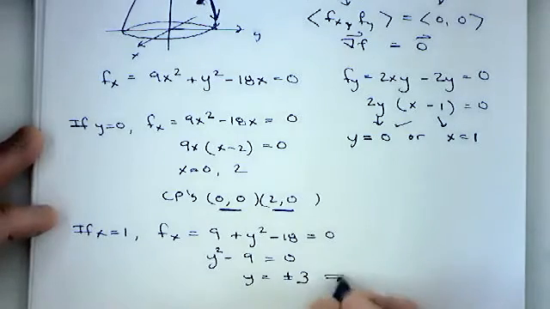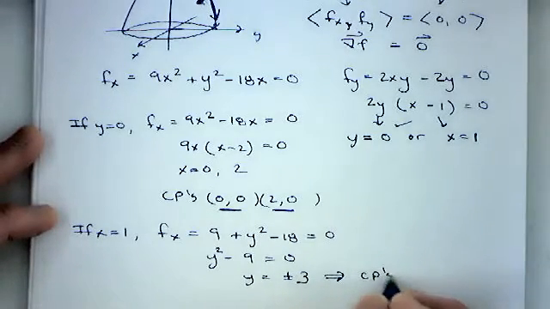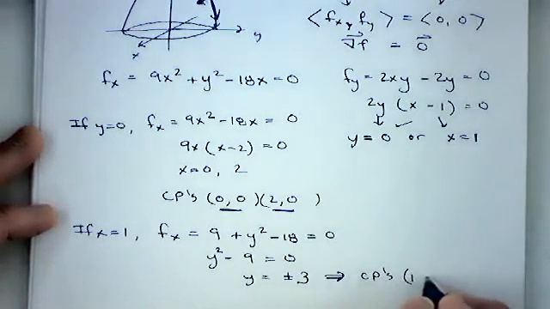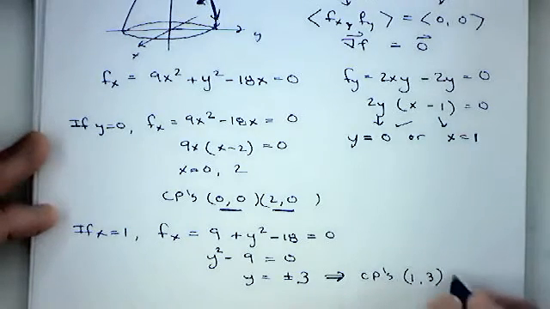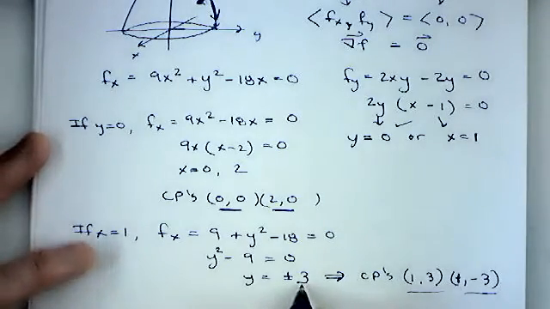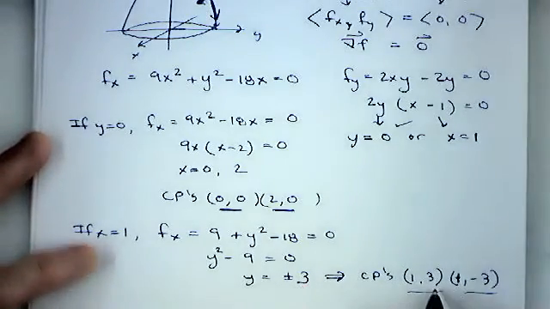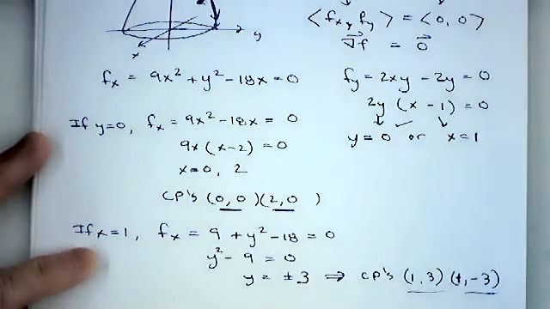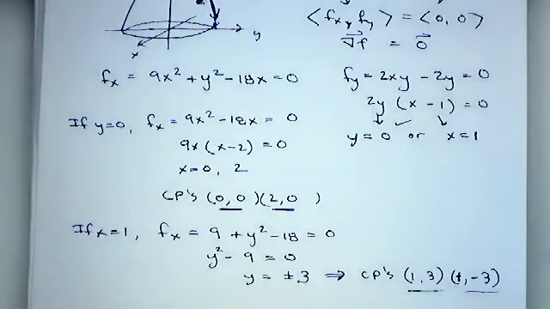So two more critical points are (1, 3) and (1, -3). I'm going to take my condition with x being 1 along with those two answers there. So we have 4 critical points for this surface.